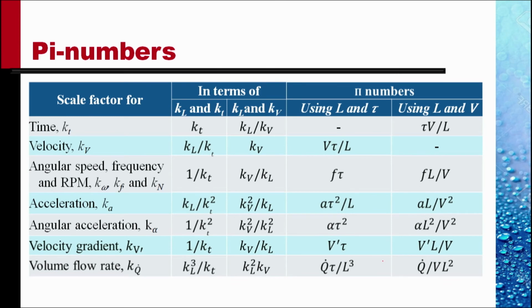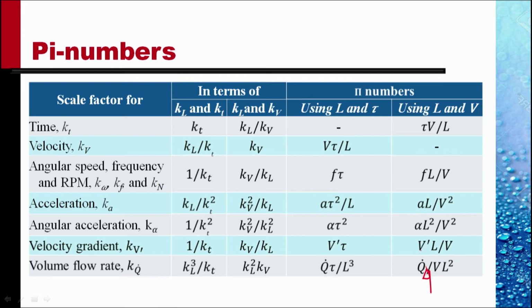So we convert the relations between the various scale factors that we obtained earlier into pi numbers. These are the pi numbers using L and V, the length and velocity.